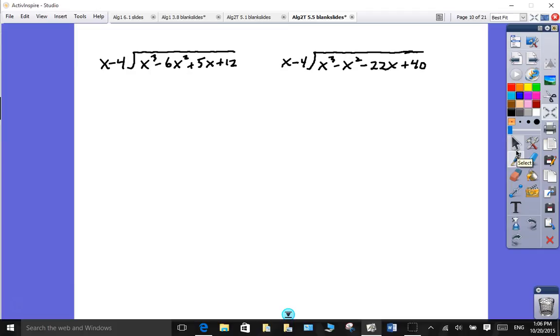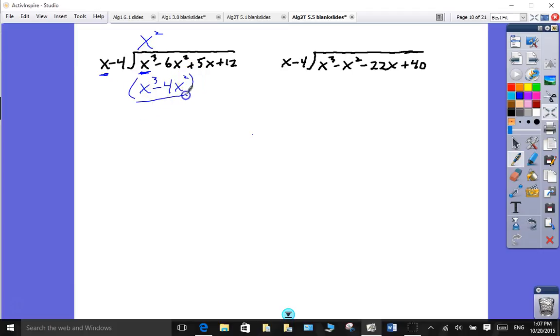Okay, on the first one, what do I multiply times x, that's this one right there, to get x to the third? X squared. So that's what goes on top, x squared. Then what? Distribute. X squared times x is x to the third. X squared times negative 4 is minus 4x squared.